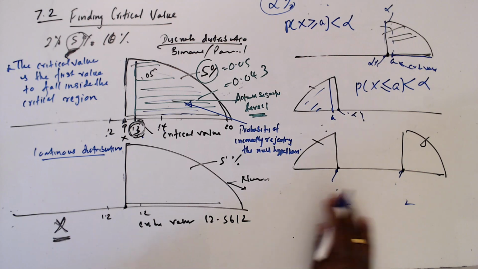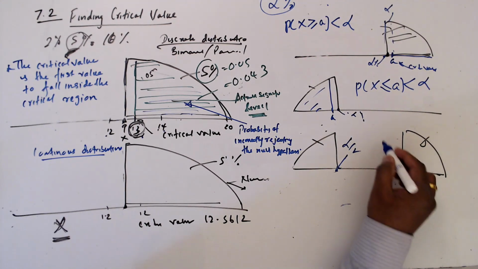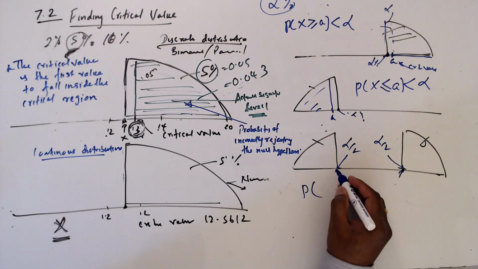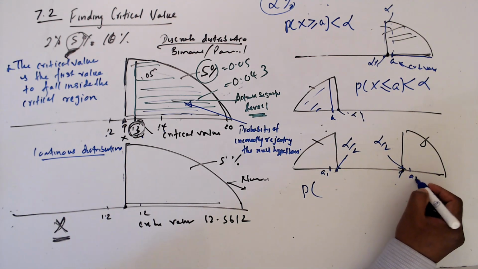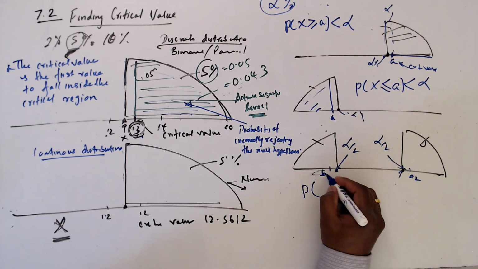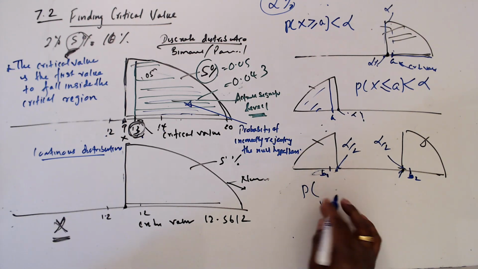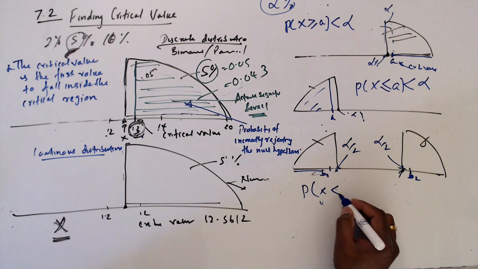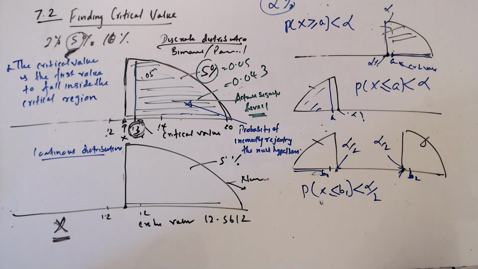Now if I write here for this one, probability of x, I will take this value is a1 and a2, okay, b1 and b2, x value less than or equal to b1 has to be less than alpha by 2.